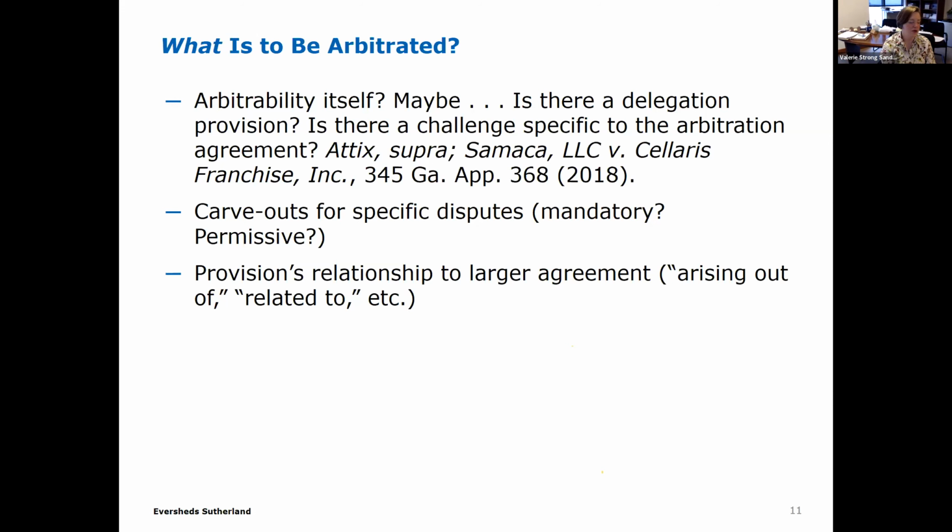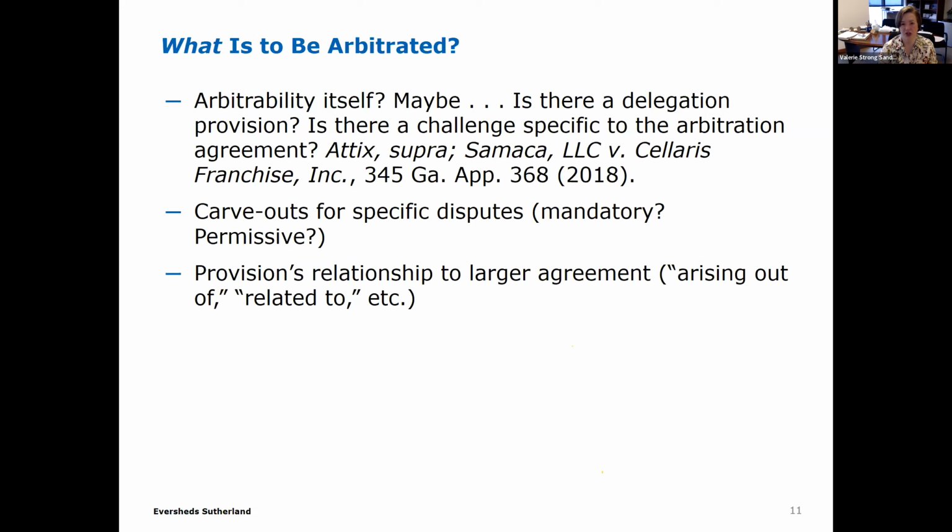arbitrability, right? So this is the question of, well, my opponent and I have a dispute. I've sued them in court. They've brought a motion to compel arbitration. And I say, okay, there's an arbitration agreement between us, but you court shouldn't apply it. So then the next question is, does the court decide that challenge, or does the arbitrator or arbitration panel decide that challenge?